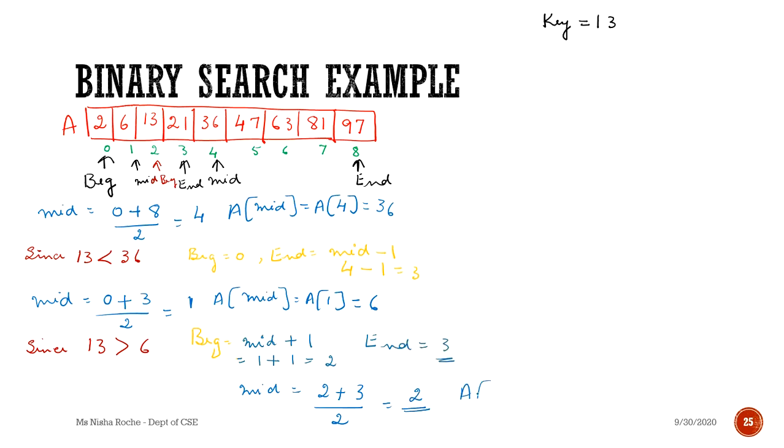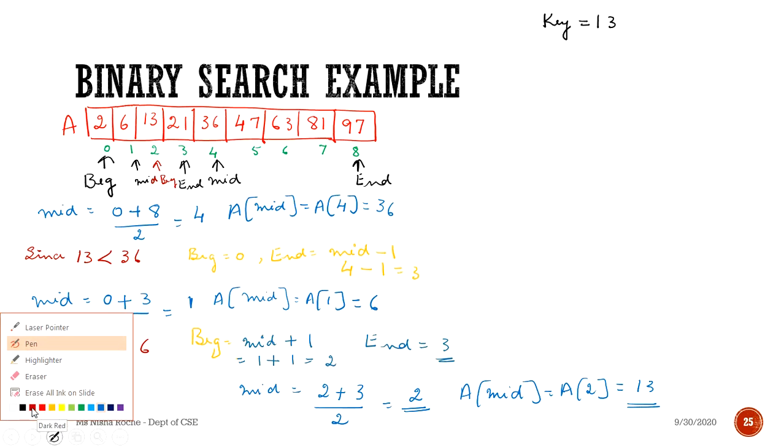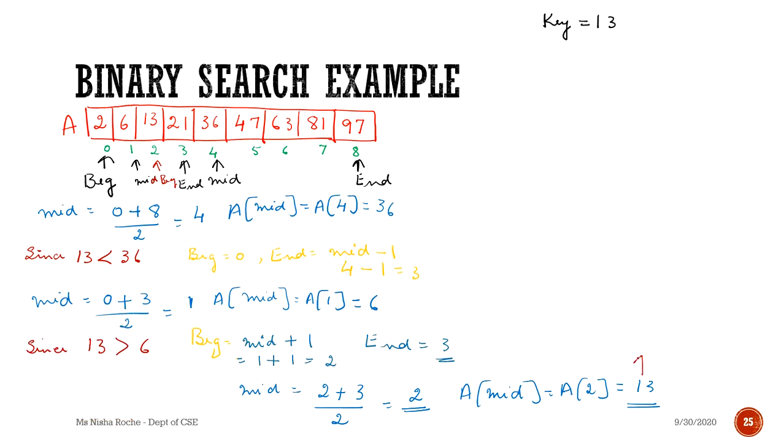So A of mid, which is nothing but A of 2. What is A of 2? 13, which is nothing but the search element. So we can say that we have found the search element, and we can say search is successful and element is found at the index position 2.